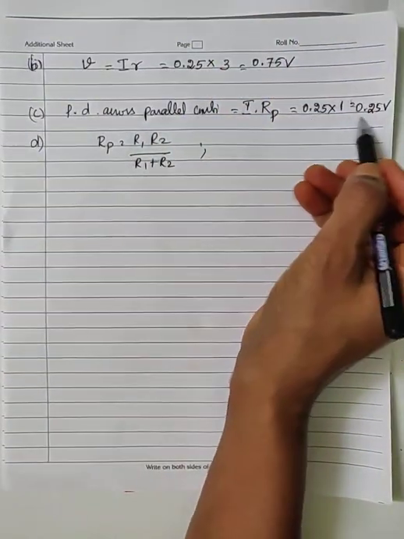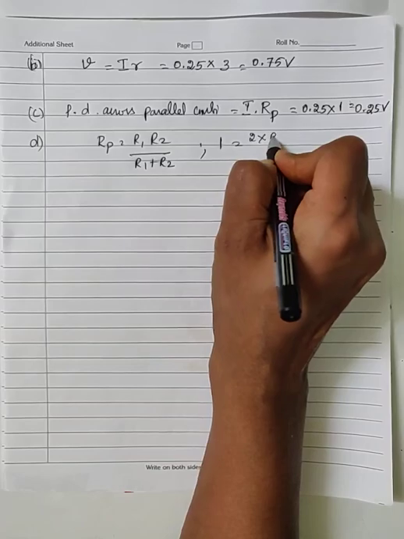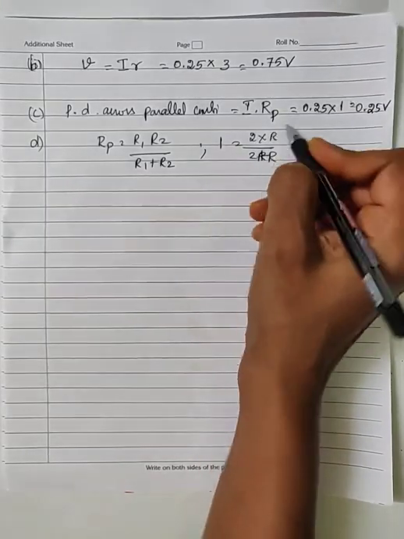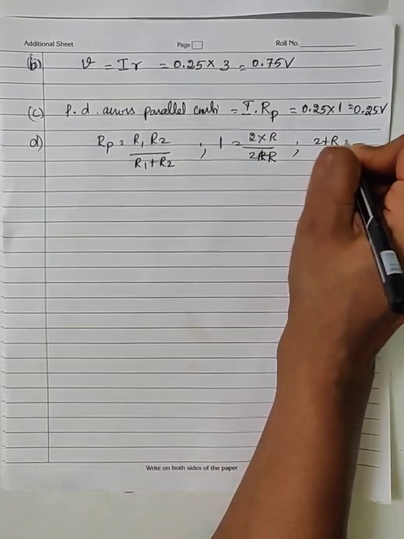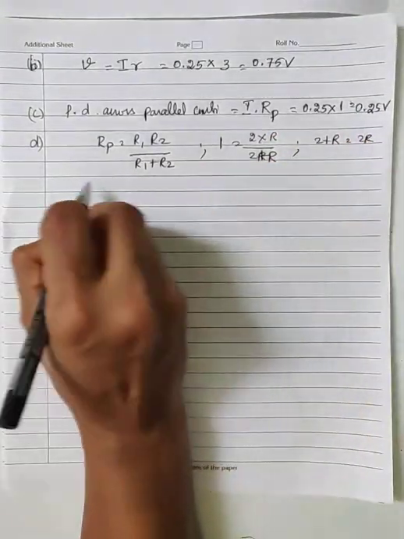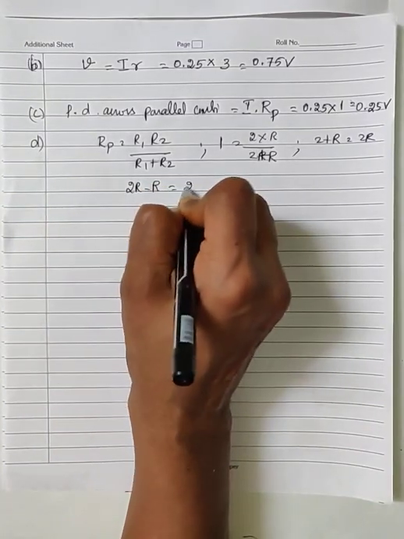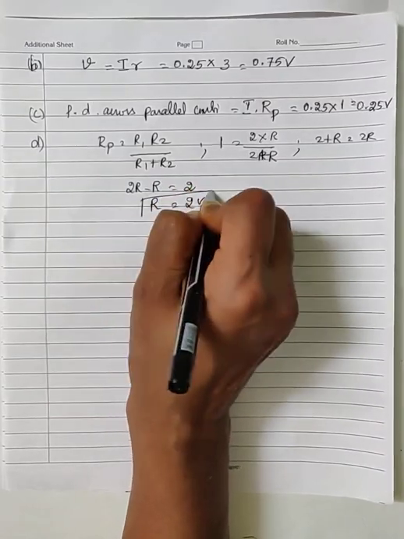Substitute for Rp. 1 is equal to R1 is 2, R2 is R, divided by 2 plus R. So this we can write as 2 plus R is equal to 2R. From this step I can write 2R minus R is equal to 2, which represents that R is equal to 2 ohm.